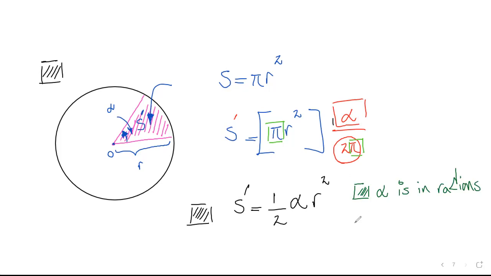The second thing is that the unit of R is, for example, centimeter, but the unit of S is squared centimeter, because one is the length, the other one is the area. The area is measured in a squared unit.